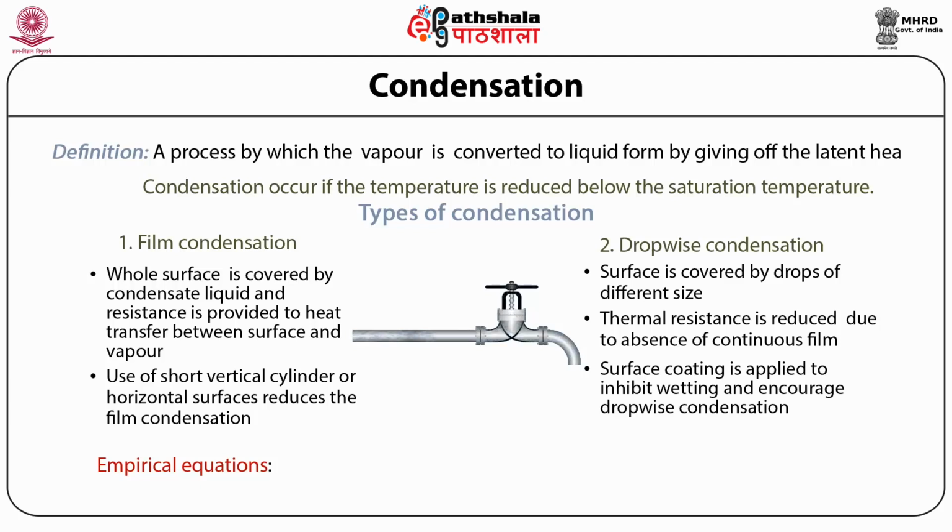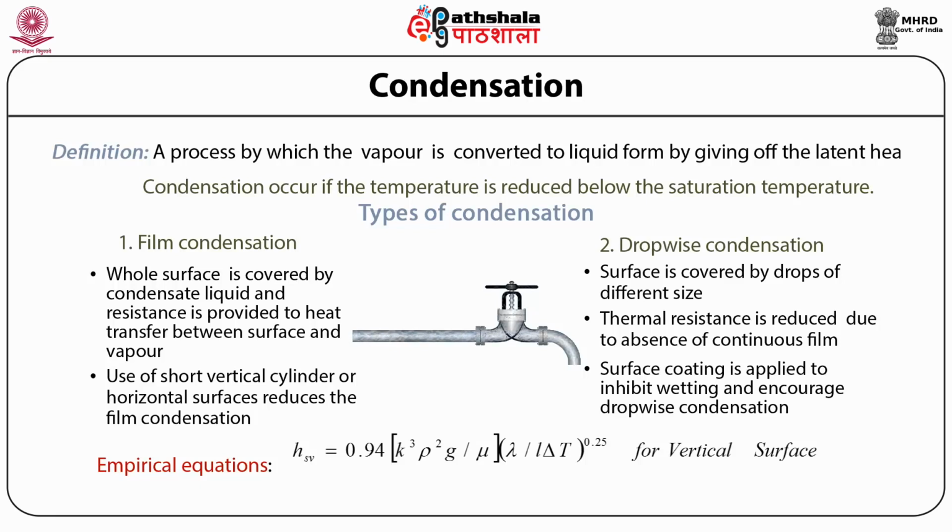The empirical equation for condensation on vertical tubes or plane surface is given as hSV equal to 0.94 into [k cubed into rho squared into g divided by mu] whole into [lambda divided by L into del T] whole to the power 0.25, where lambda is the latent heat of condensation in joule per kg and L is the height of plate or tube.